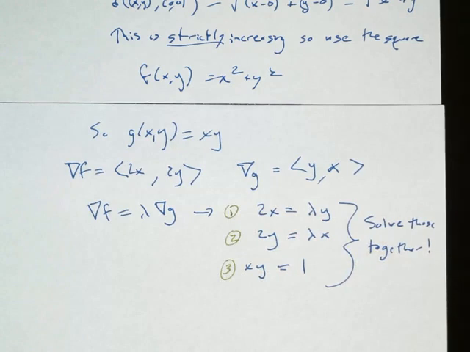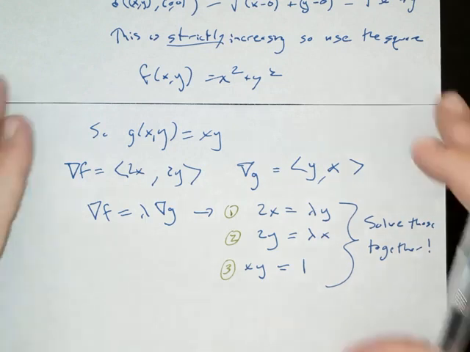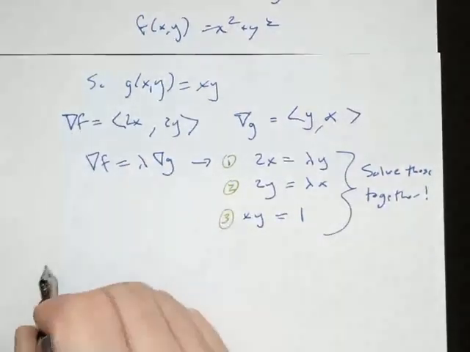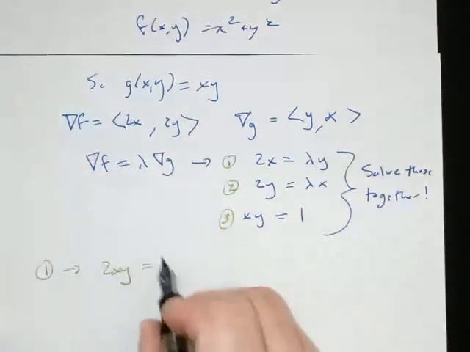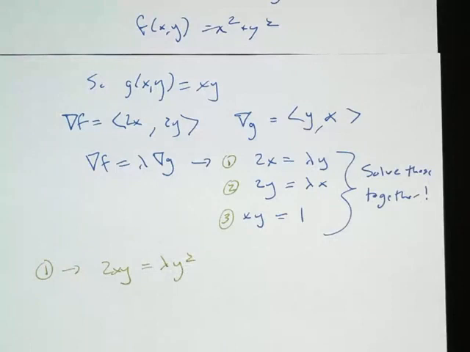Take the first equation, equation 1, and multiply it by y. Hey, wait a minute.